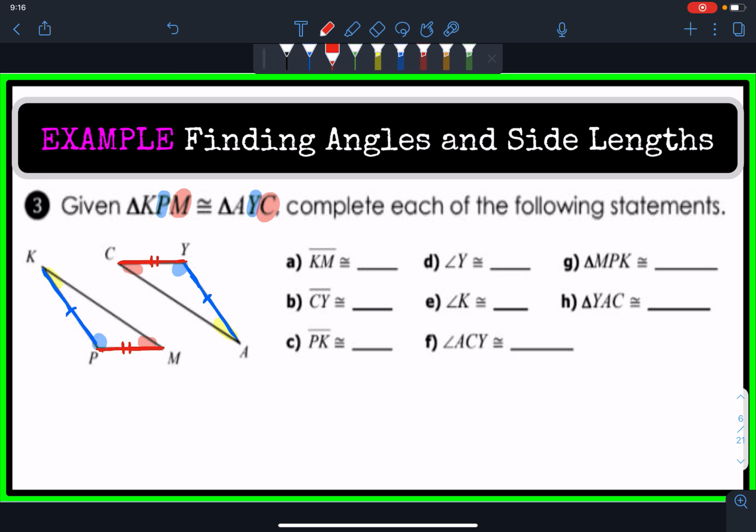And then finally, from K to M, this side right there, I'll use the color green. Since that's the third side, I'm going to use 3 little marks right there. That is going to correspond, going from the first letter to the last letter, to AC. So from A to C, which is that side right there.